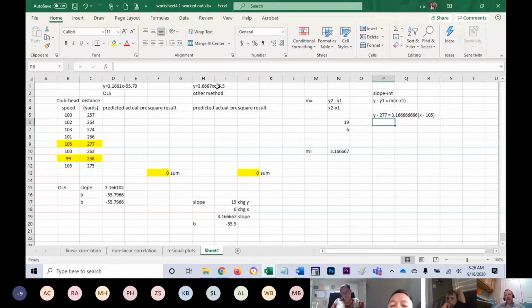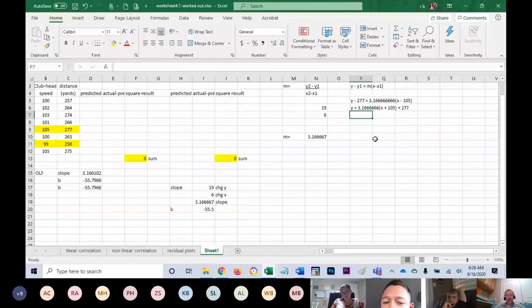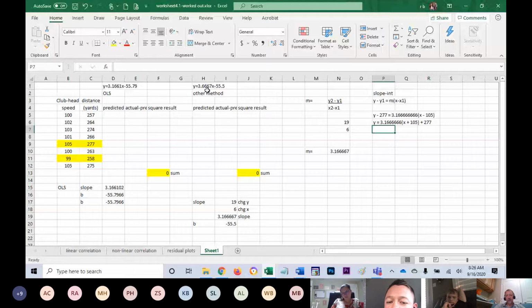Okay, and then if I wanted to solve this for y, I'm just going to add 277 to both sides. So this becomes y equals 3.16666 times x minus 105, and then I'm going to add 277, which I think is this equation here, if I distribute everything.